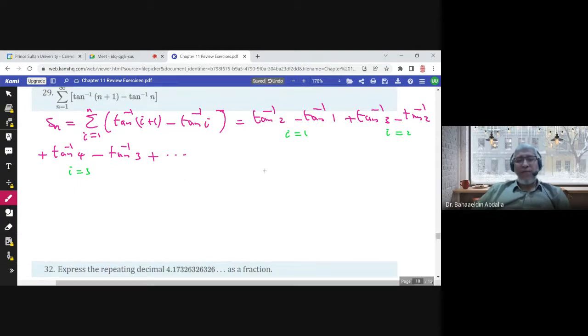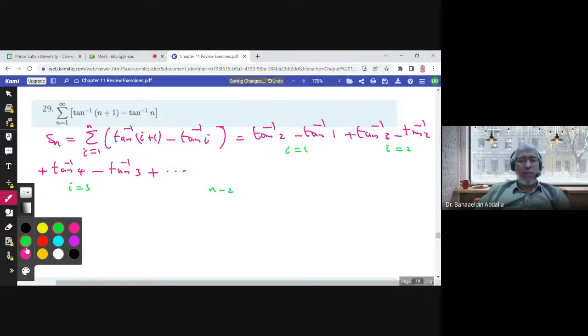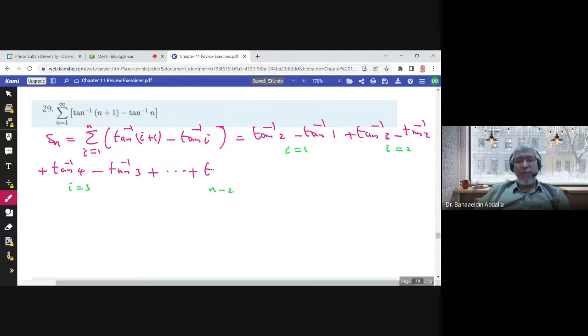And the last terms: if I replace i by n minus 2, I will have n minus 2 plus 1, so I'll have tan inverse (n minus 1) minus tan inverse (n minus 2).